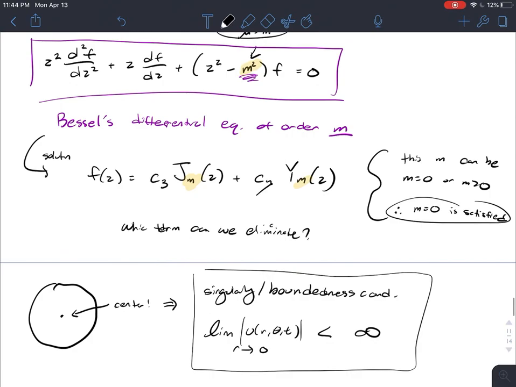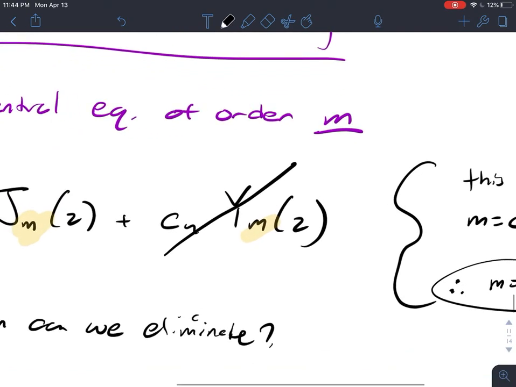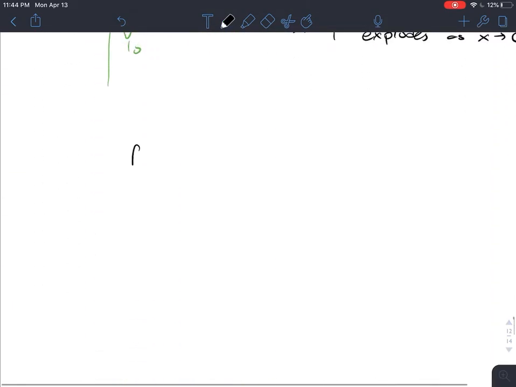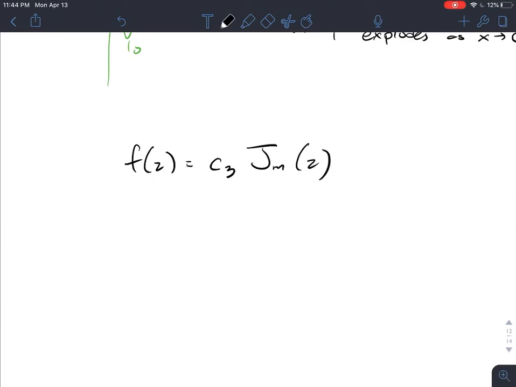So therefore, we get rid of this term, and this is to satisfy the boundedness condition. Great. So this means that we're only left with J, and that makes our lives kind of easy. So f of z is equal to c3 J_m(z).